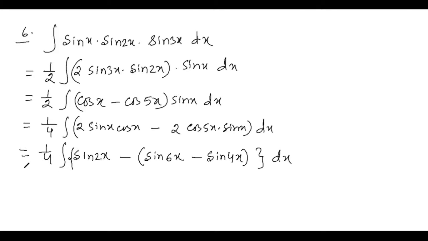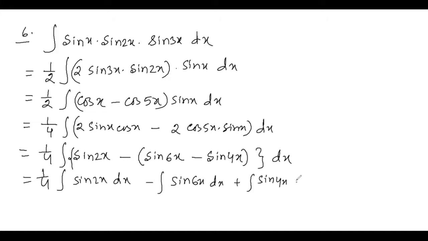So what will it be? 1 by 4 integration sin 2x dx minus integration sin 6x dx plus integration sin 4x dx, and this one 1 by 4 multiplied. So sin 2x integration is cos 2x by 2.